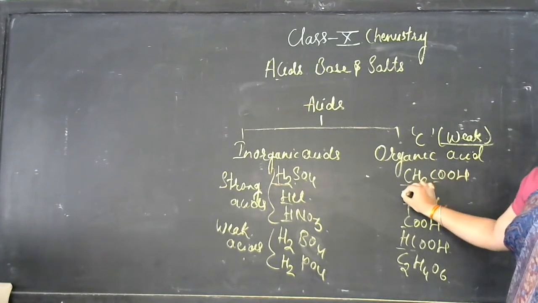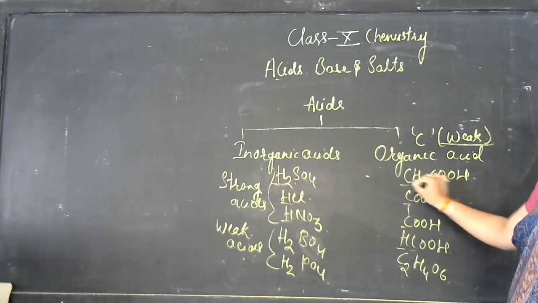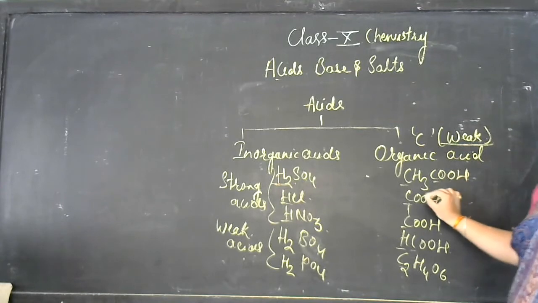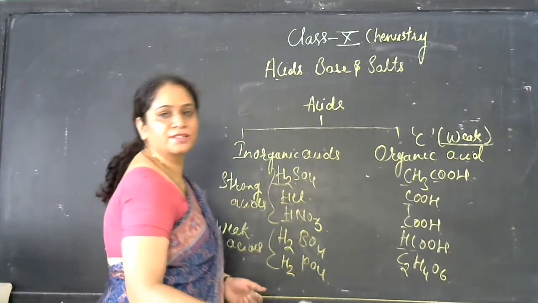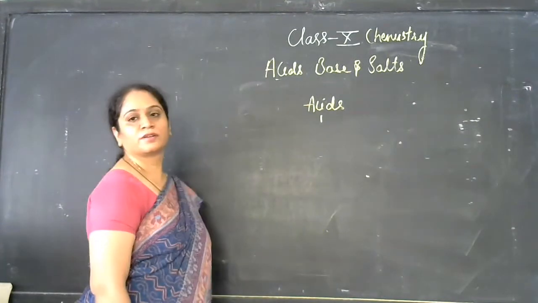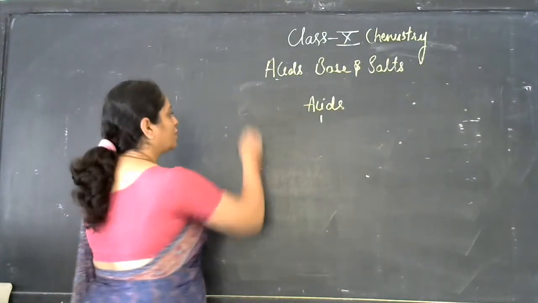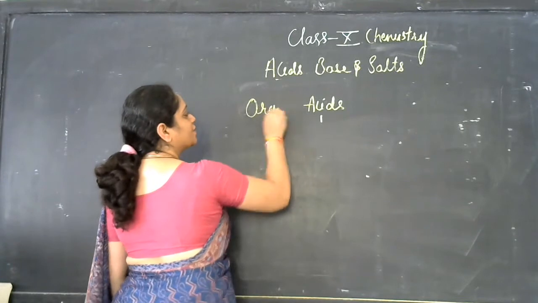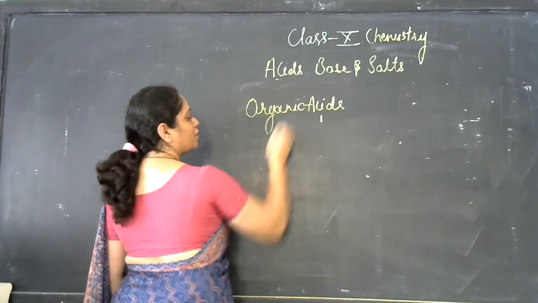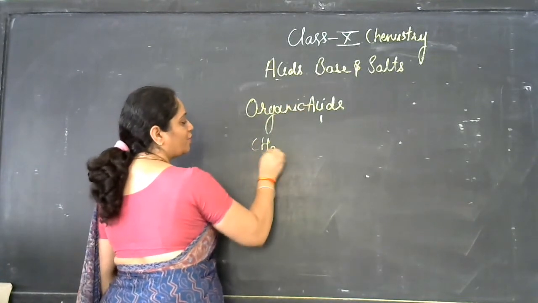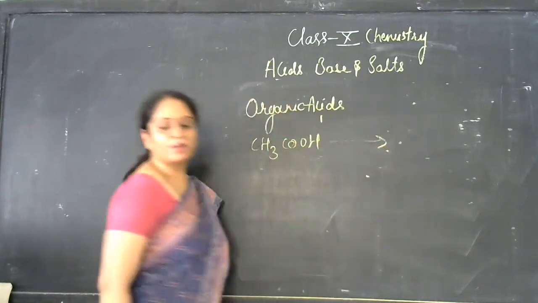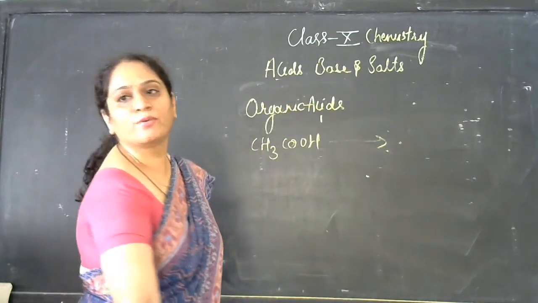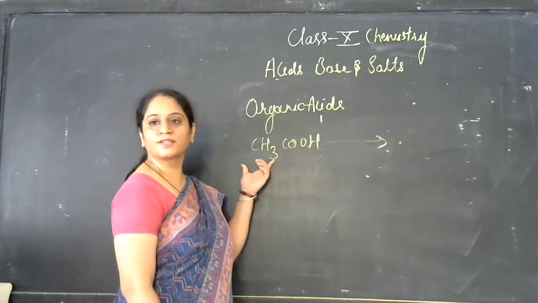Whatever organic acids contain, suppose I take ethanoic acid as an example. Organic acids contain many hydrogen atoms, but they cannot release all the hydrogens into the solution.